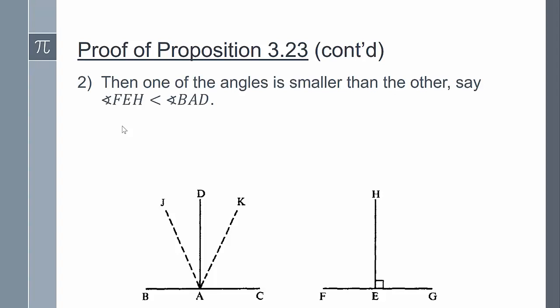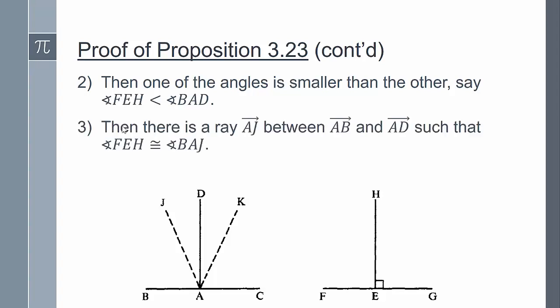So in step 2, we know that one of the angles is smaller than the other, and so without loss of generality, let's just assume that right angle FEH is less than the right angle BAD. Then by definition of less than, we know that there is a ray AJ between rays AB and AD, such that angle FEH is congruent to angle BAJ.